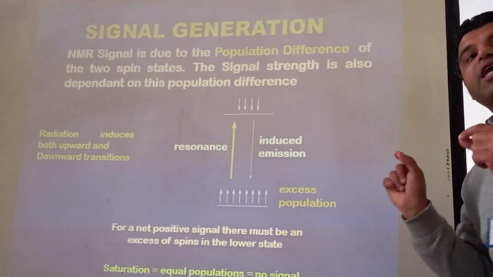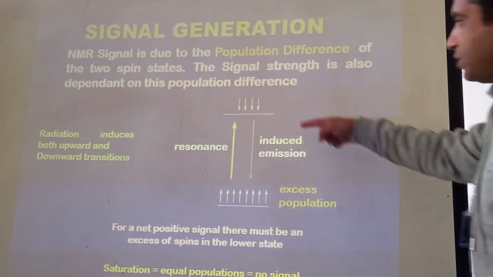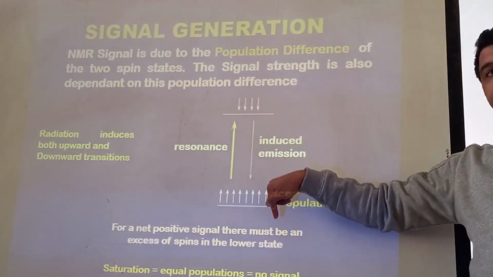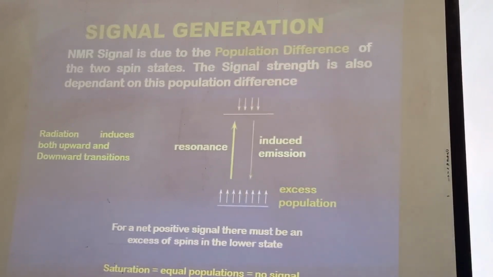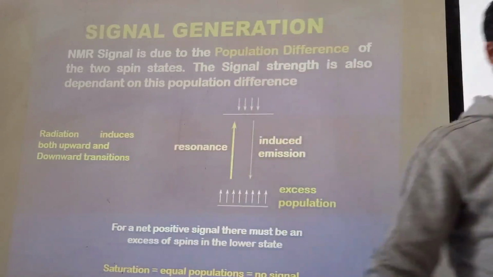But at the same time, when some nuclei are jumping from alpha to beta state, some nuclei jump back from beta state to the alpha state. And this jump from beta to alpha state is known as induced emission. And why does this happen? This happens because of the radiation, because it induces both upward and downward transition.